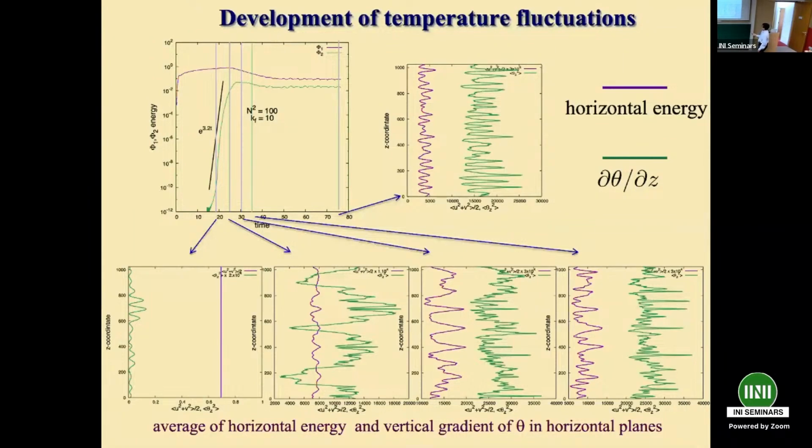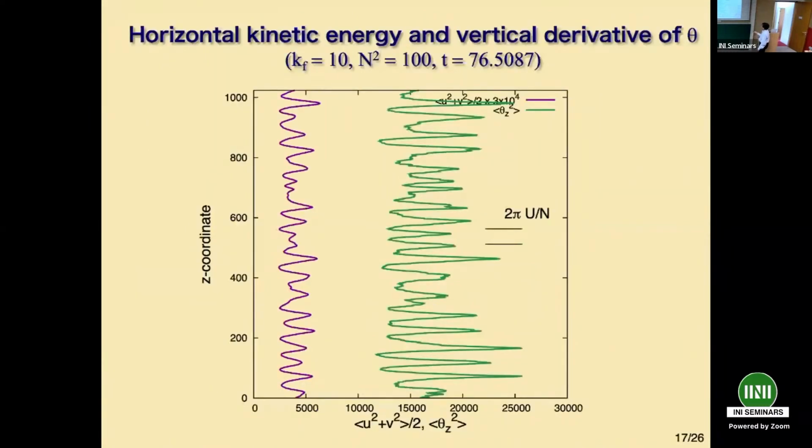And we are concerned with the spacing of spikes of the vertical derivative of temperature fluctuations.